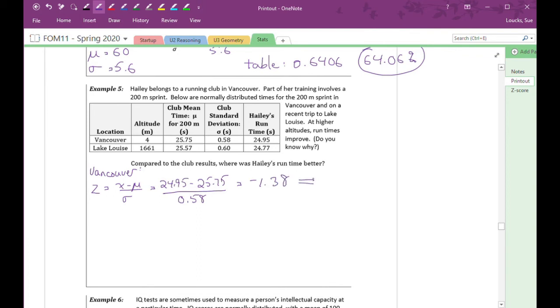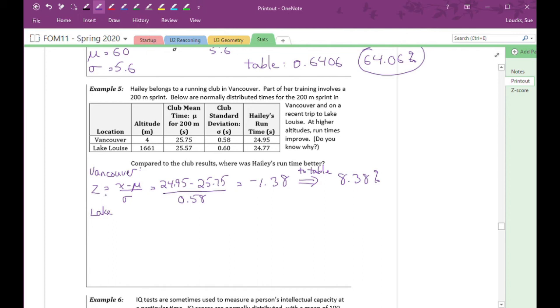And then this is my little arrow that means to the table. If I look that up on the table, I get a percentage of 8.38%. And in that run in Vancouver, she did better than 8.38% of the other people.